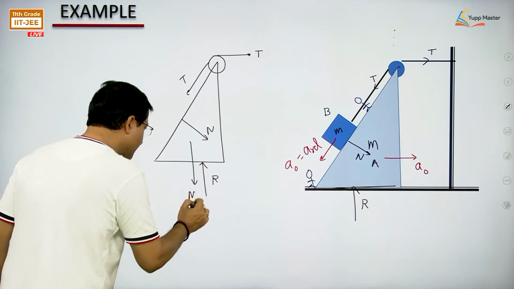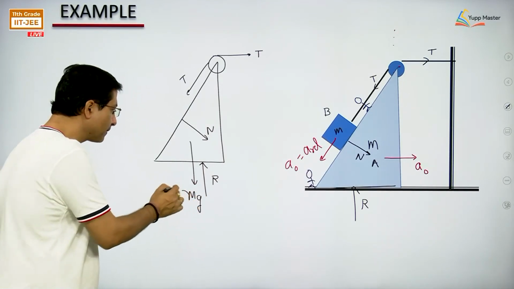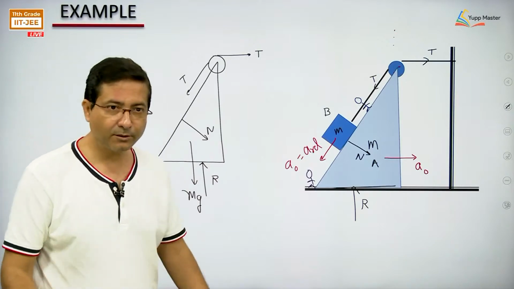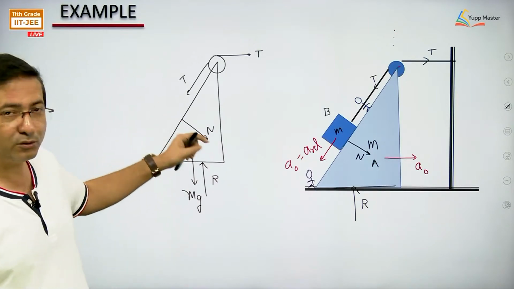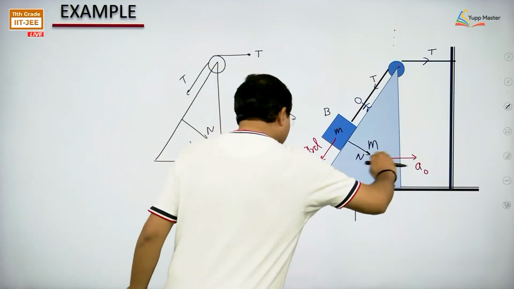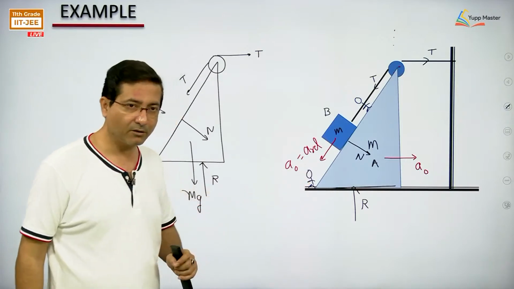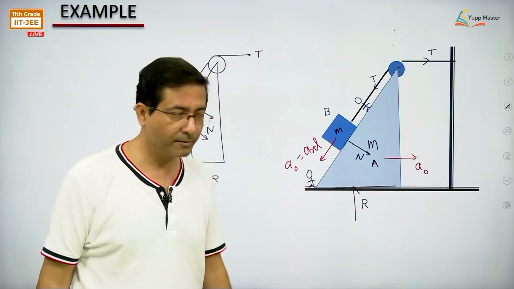Now this is the complete free body diagram. Small m, this is a complete free body diagram, and due to all the forces in the horizontal direction, it is having acceleration a naught, which is observed by the observer standing on the ground, which is an inertial frame.